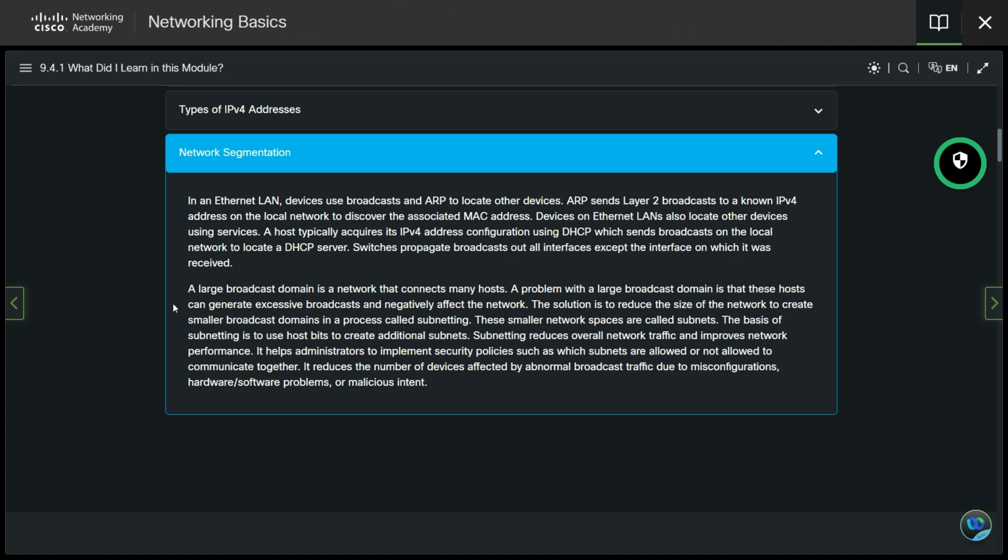A large broadcast domain is a network that connects many hosts. A problem with a large broadcast domain is that hosts can generate excessive broadcasts and negatively affect the network. The solution is to reduce the size of the network to create smaller broadcast domains in a process called subnetting. These smaller network spaces are called subnets.